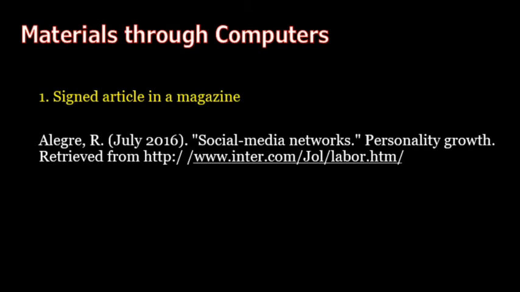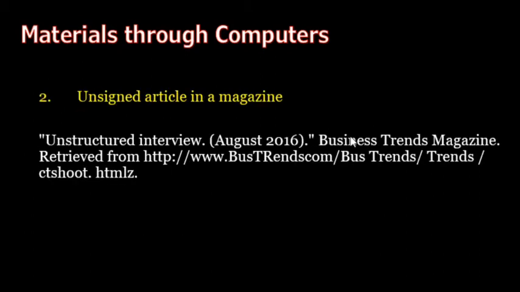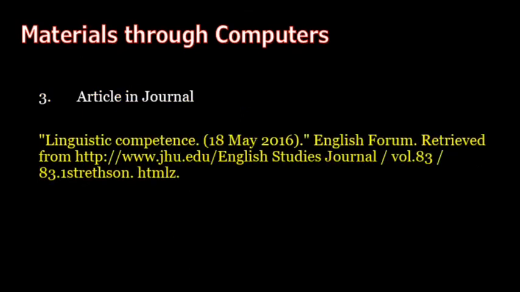Materials through computers. Number one, signed article in a magazine. So you can actually follow this one. Unsigned article in a magazine, you can follow this format or this structure. Article in journal, linguistic competence, using that one.